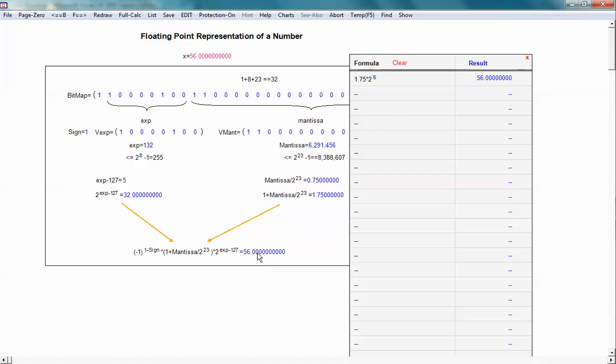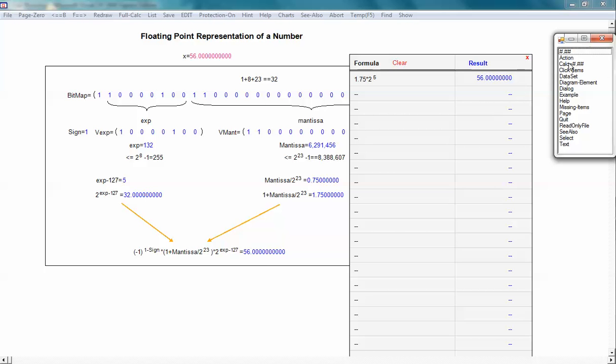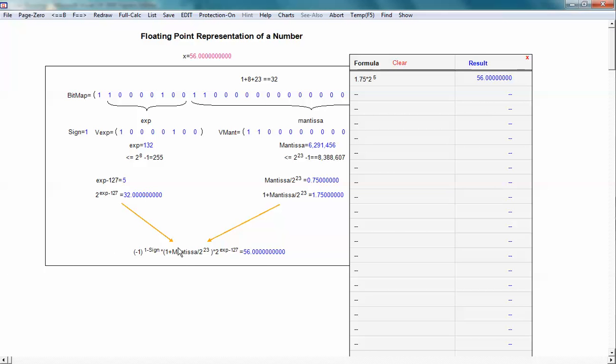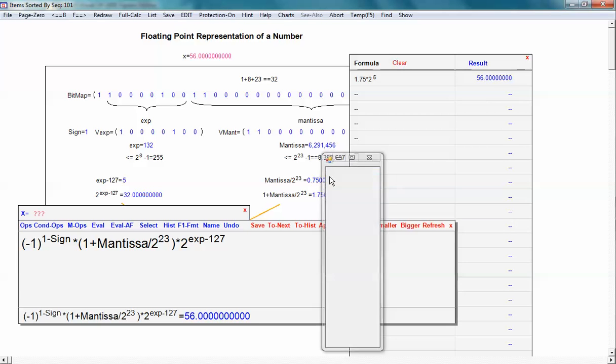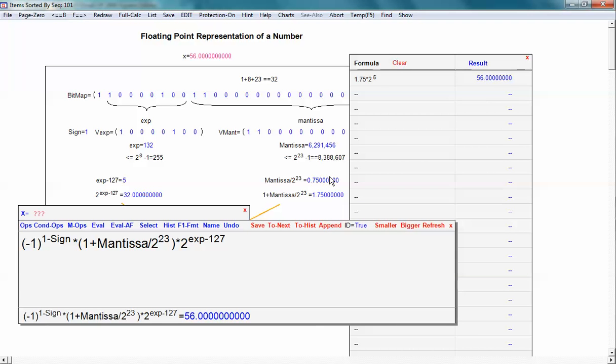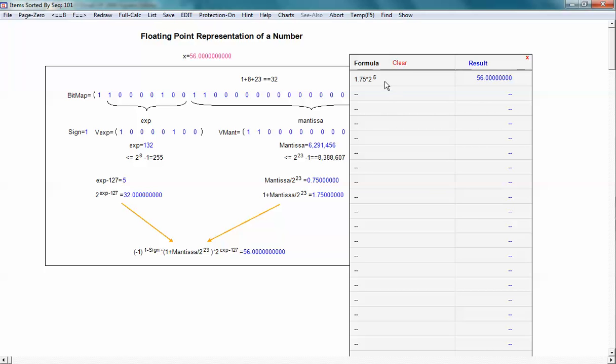Well, you use this formula here. But before I do that, I want to point out one thing. I want to look at a simple example. Suppose I have this number here, and how can I pull out the 175 and pull out the 5 not knowing them directly? All I know is it's 56.